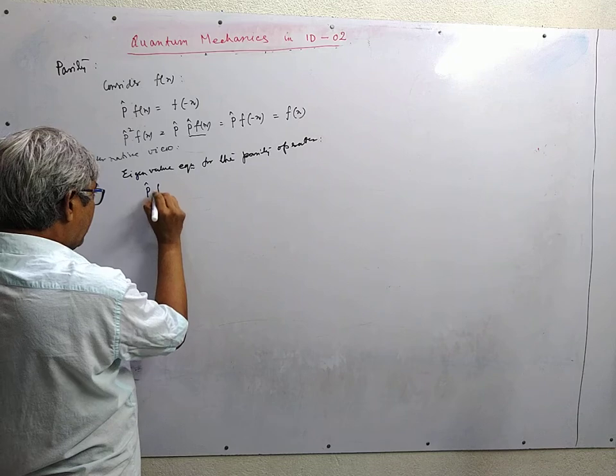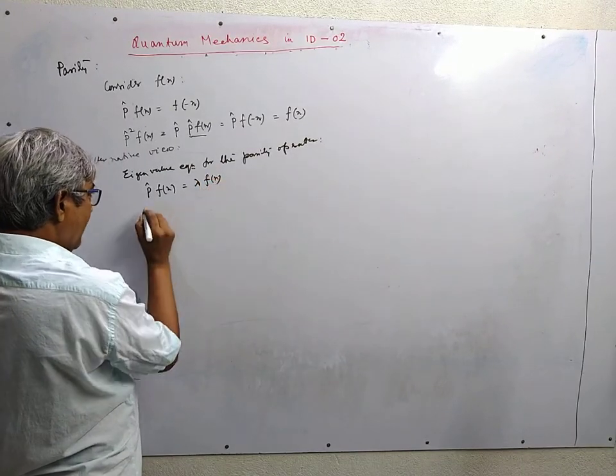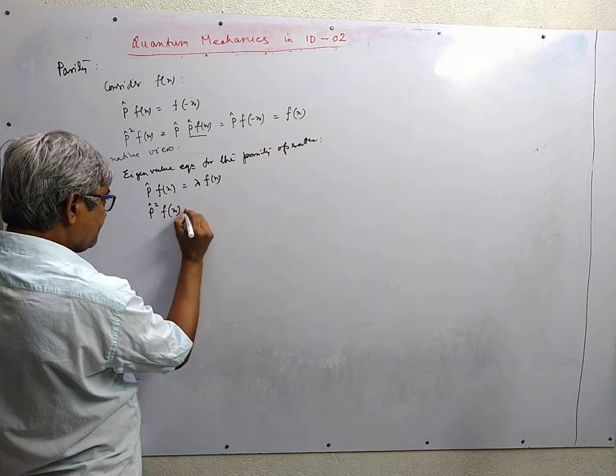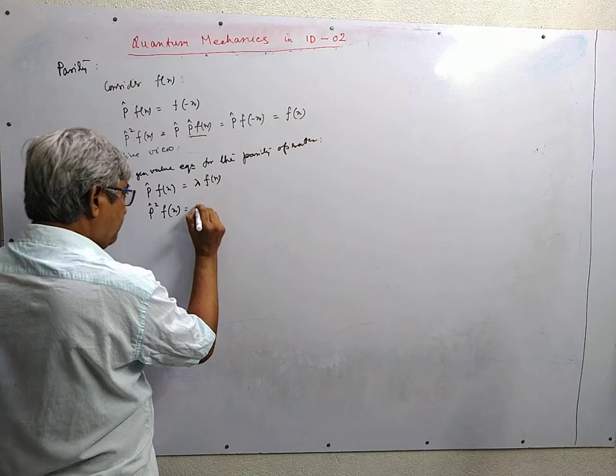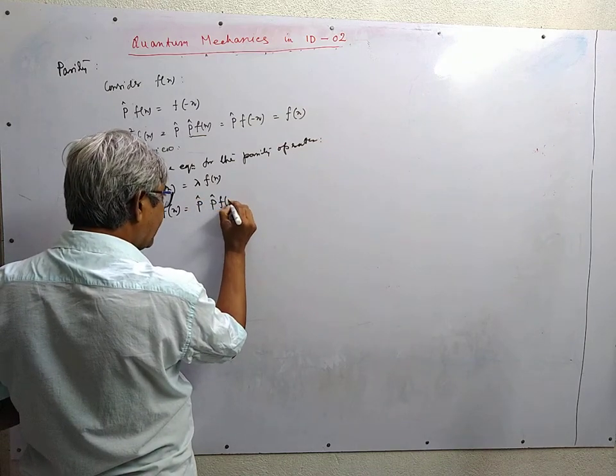P operating on f of x gives you lambda times f of x. P square operating on f of x gives you P operating on P of f of x.